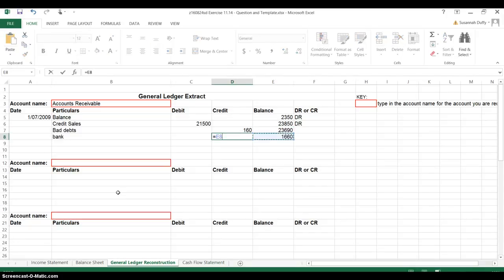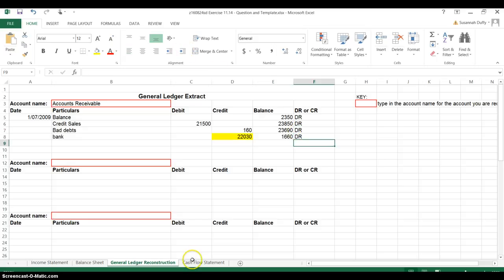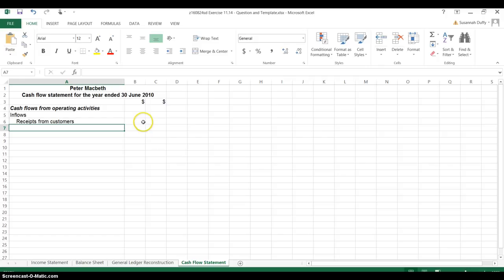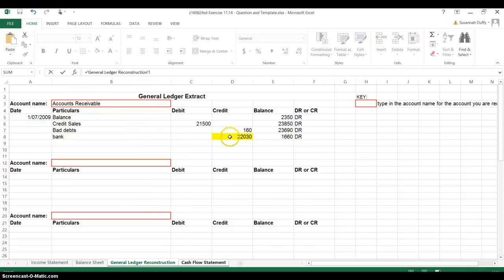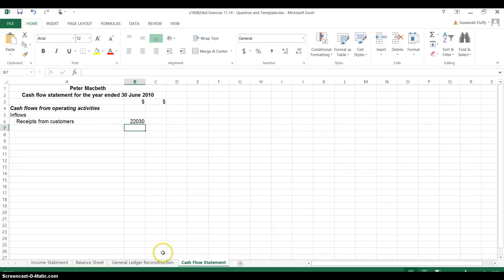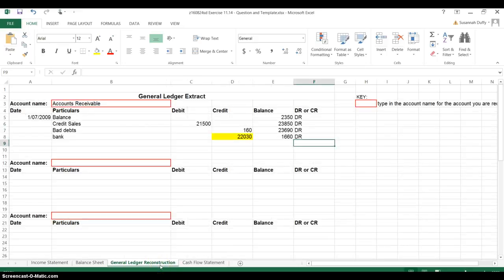So we can find out how much we actually received into our bank account, which is $22,030. This is the figure that you need to record in your cash flow statement as receipts from customers. So we can put in an equal sign, refer back to our general ledger, and pick up that figure. I just highlight it so it's very obvious which figure I need.